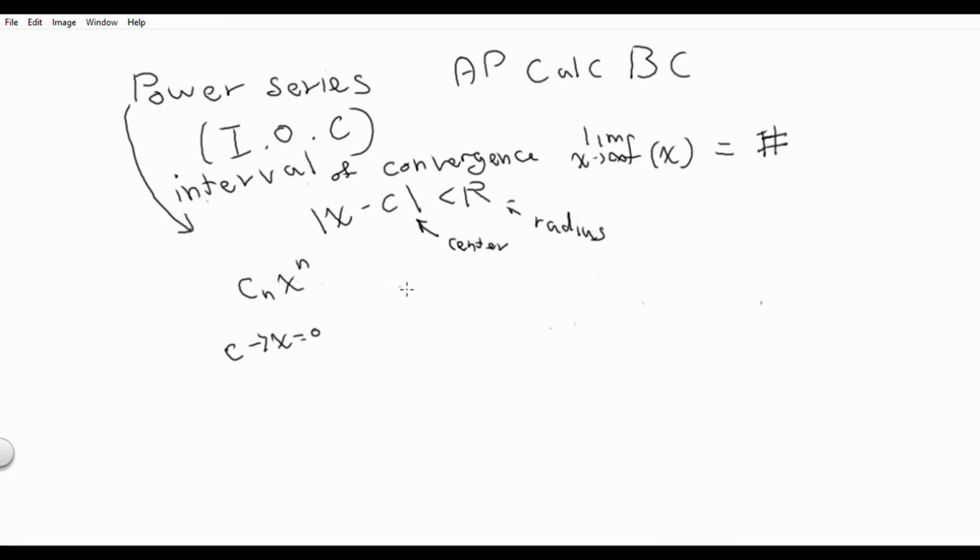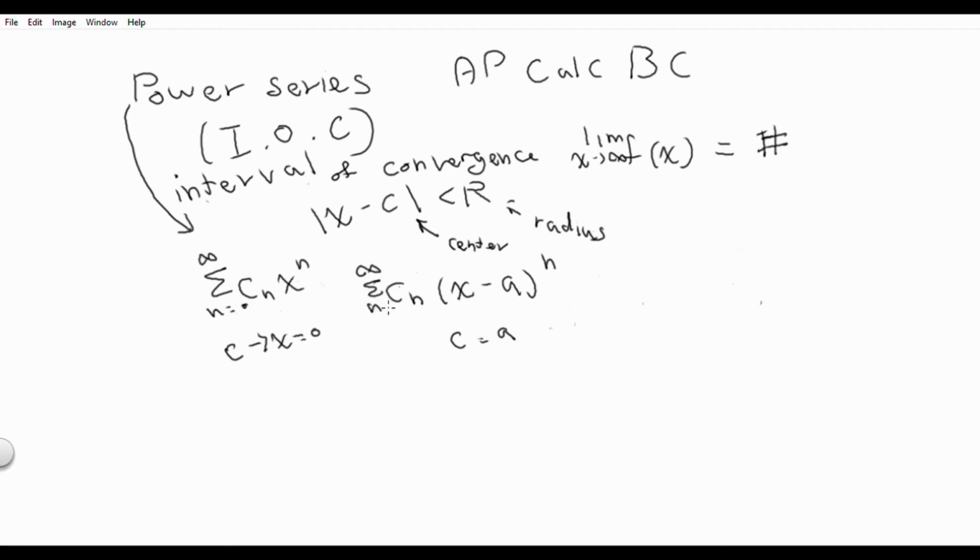This can also be rewritten as c sub n times x minus a to the n, where a will be c this time. Also the series notation is the sum from n equals 0 to infinity, same thing over here.